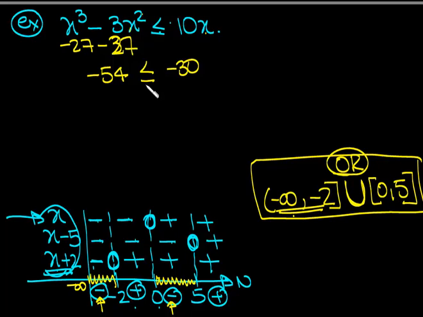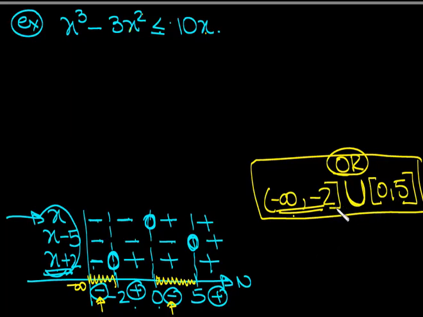No. So what did we do wrong here? Just make sure we didn't make a mistake. I'm sorry, -54 is less than -30. That's a true statement. Okay, I said it the wrong way. So that works. Okay, let's pick a number in between here that doesn't work.